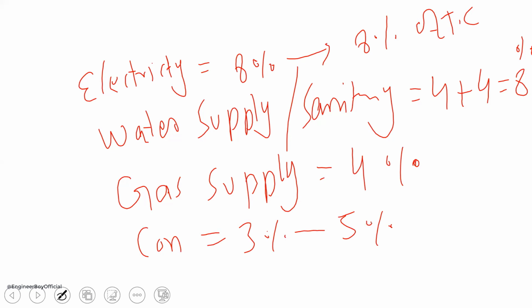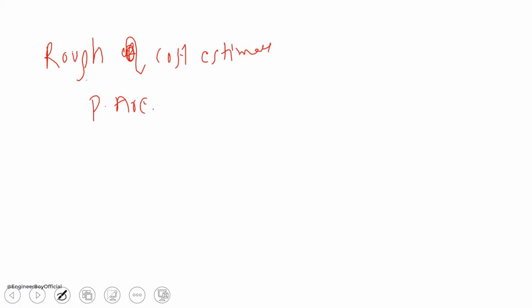Now we will have an example so we can understand this problem better. Let's say we are asked to determine the rough cost estimate of a building whose plinth area is known, which can be anything, let's say 1,000 square feet.